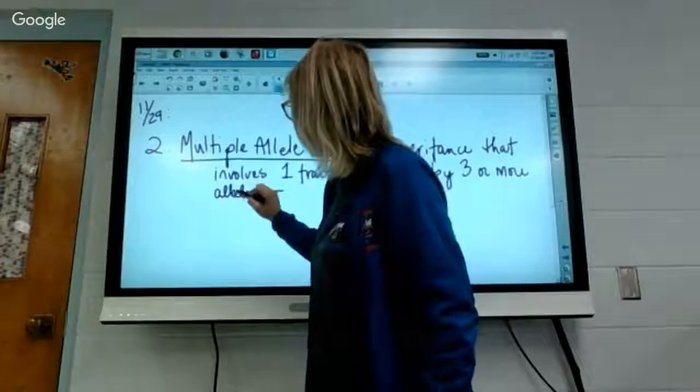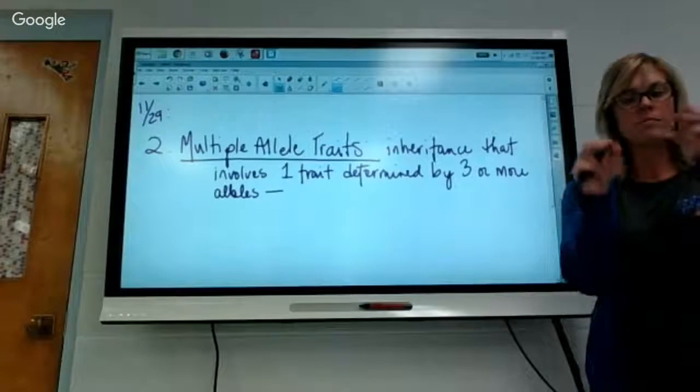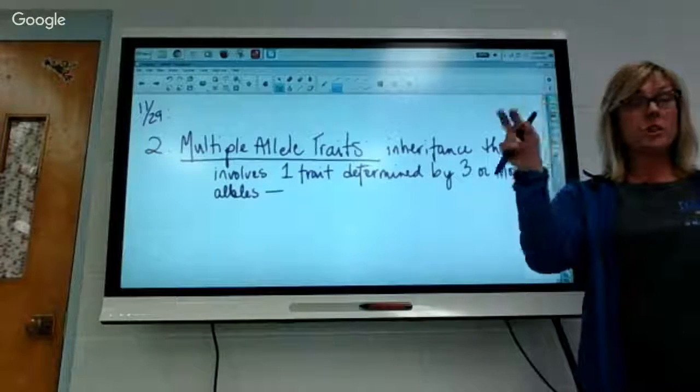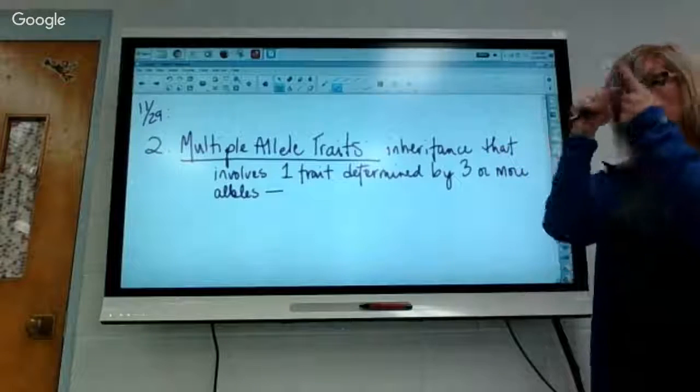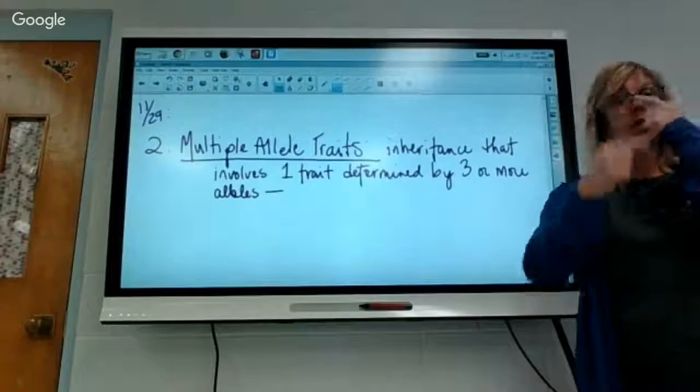Okay, so it's not skin color, eye color, or hair color, where there are multiple genes that determine a trait. This is one gene space on a chromosome, but there are lots of options, okay?